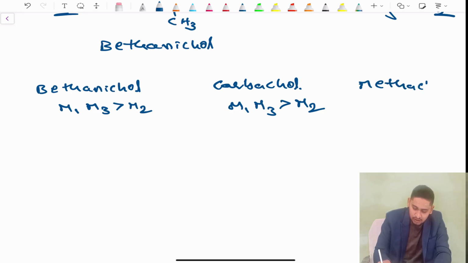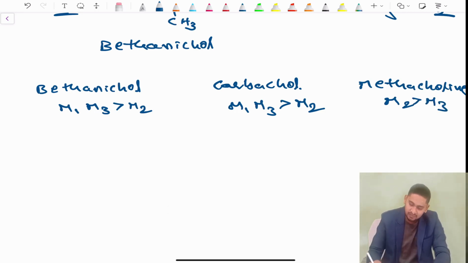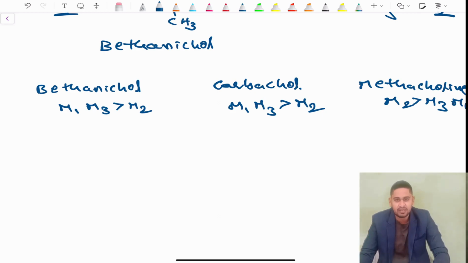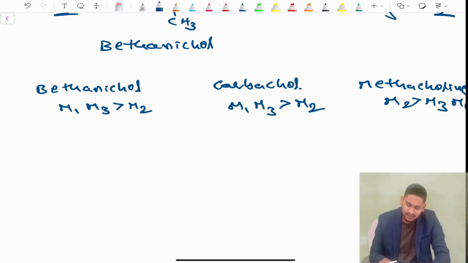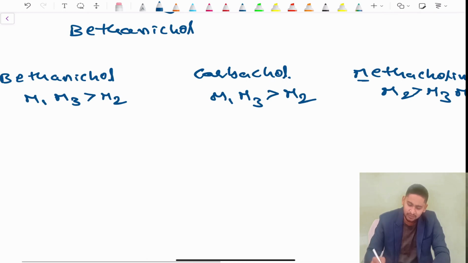Methacholine has more activity towards the M3 and M1 receptors. Now if you see the uses of these drugs, I'm talking about methacholine now.